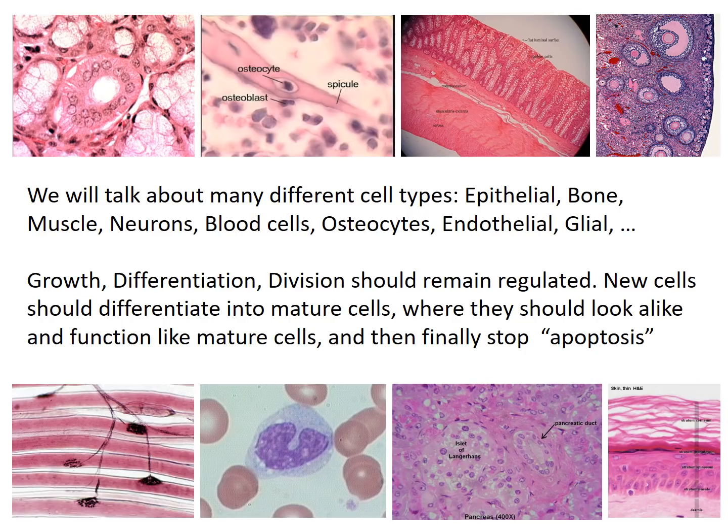So as we move through this course, we're going to be looking at all these different types of cells, and here we have a number of different cell types on the slide. So as we start in the upper left and move towards the right and down, we are looking at epithelial cells in the kidney. We are looking at bone cells in spongy bone. We are looking at epithelial cells in the colon.